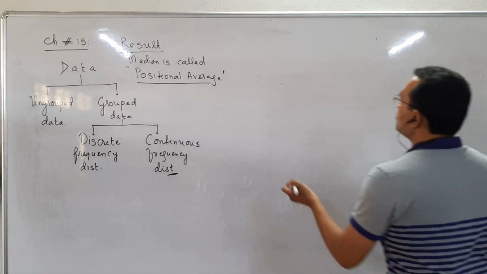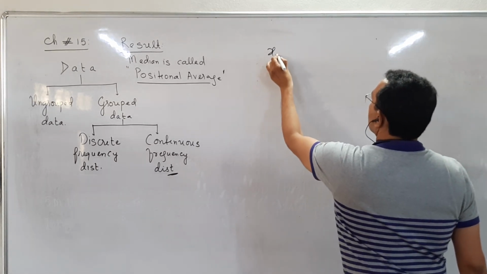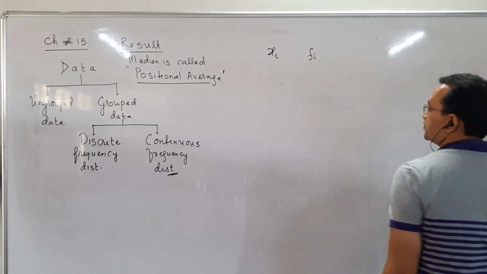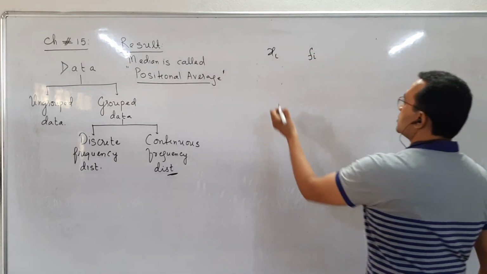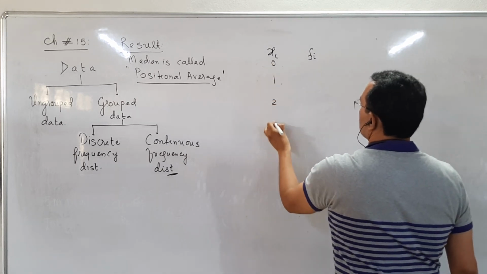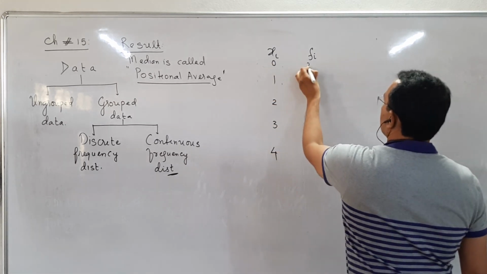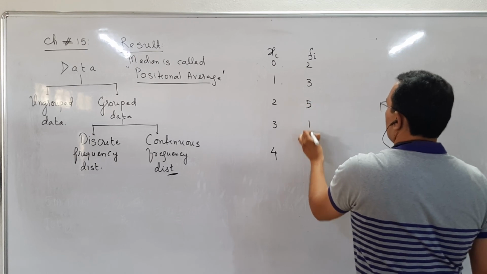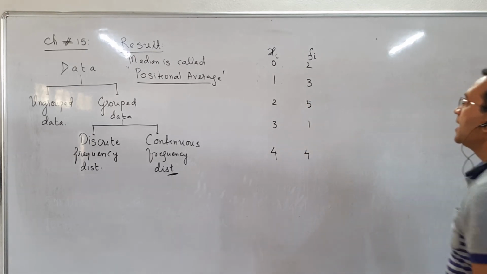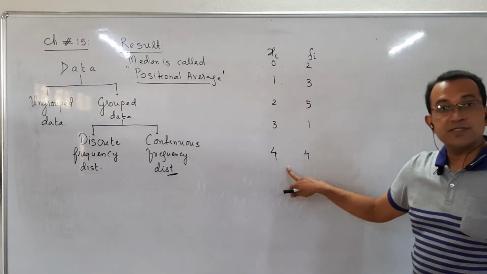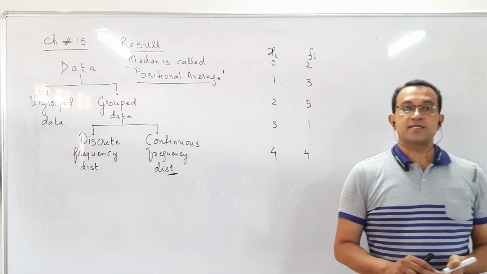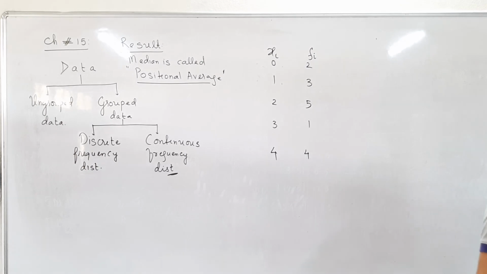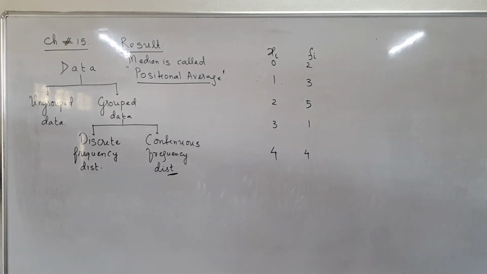Say I have a distribution of number of children per family. Say xi is number of children 0, 1, 2, 3, 4, and families are 2, 3, 5, 1 and 4. Xi is number of children. This is a discrete variable. We can count how many children are there in the family. Number of children can never be infinite.